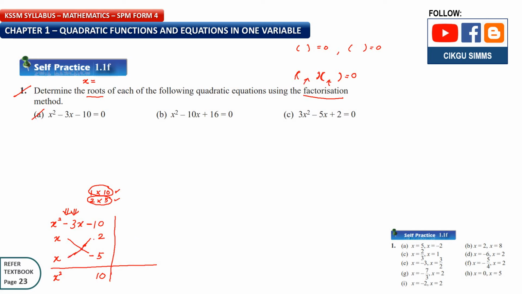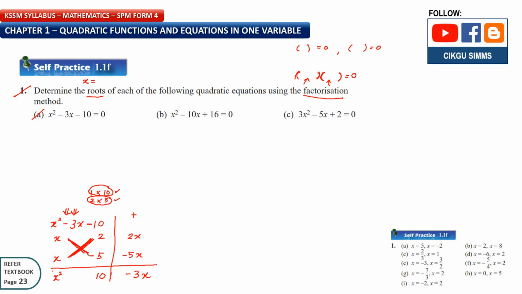Okay, so for this line, 2 times x, you get 2x. And then for this line is x times negative 5, so negative 5x. And then you need to add these two together. 2x minus 5x, you get minus 3x.